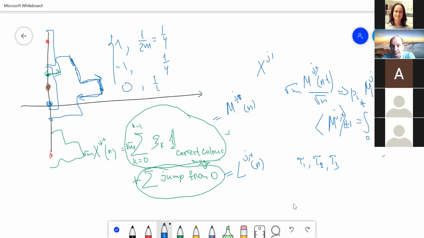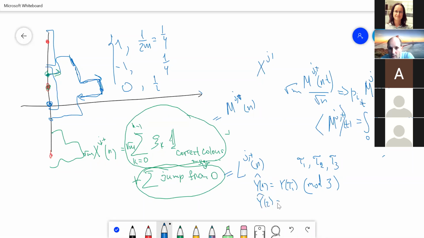And let's consider the sequence y at tau 1 modulo 3. Now 3 is the period. This will be the first element, y hat 1.